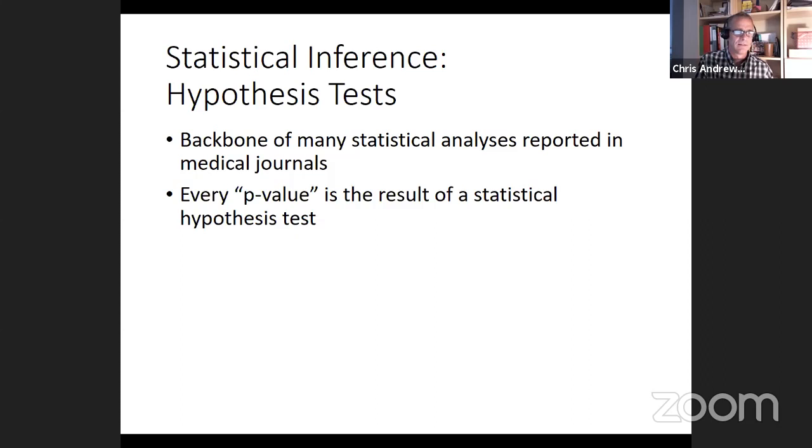And not every hypothesis test is stated explicitly, but anytime you see a p-value in a table or in text, there is a hypothesis test that's been conducted. And that may be one reason that hypothesis tests are problematic, is that they're very easy to compute. And so we tend to compute them for everything, even when there's not a particular test of interest.